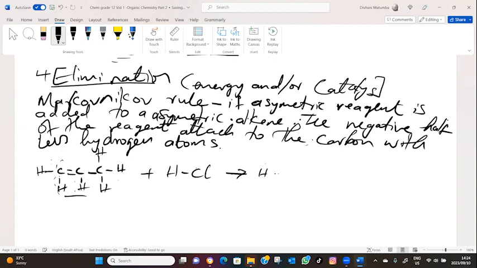It means the negative part of the reagent, which is your chloride, it will come and attach on this carbon because it has less hydrogen. So what we're gonna get is something of this sort.